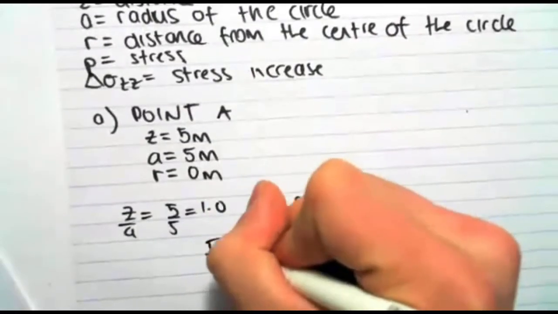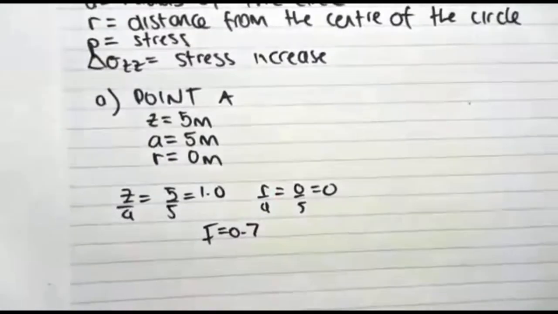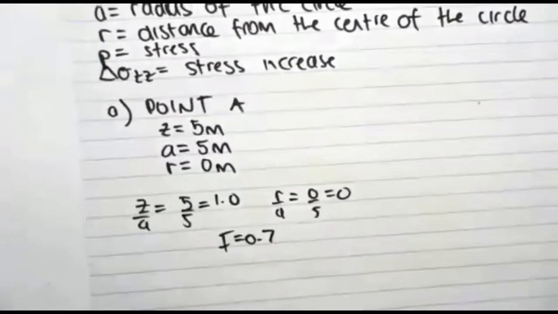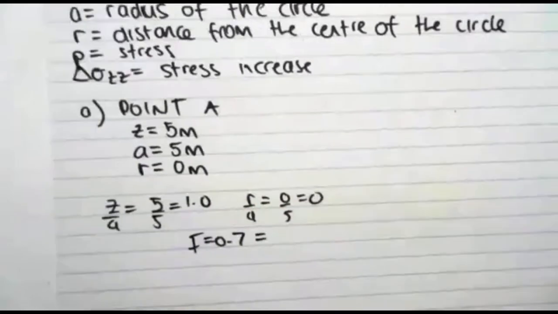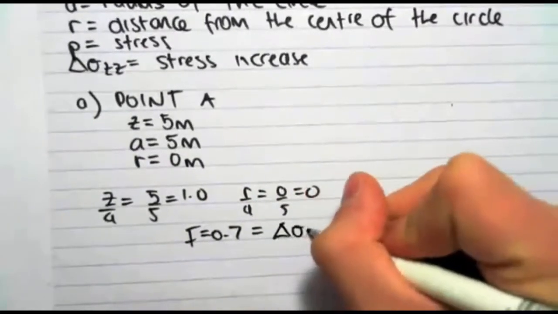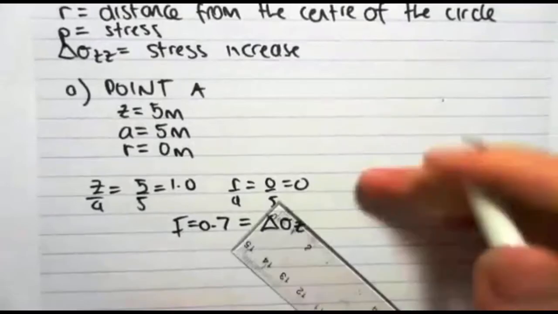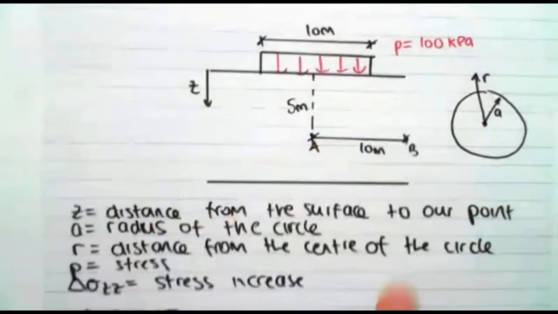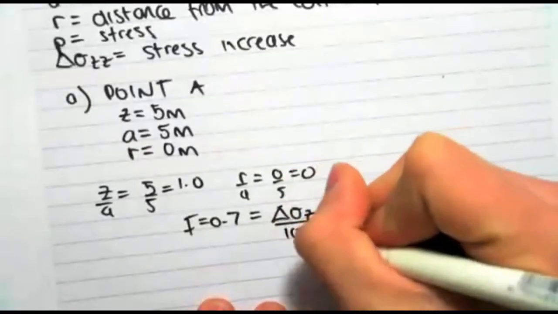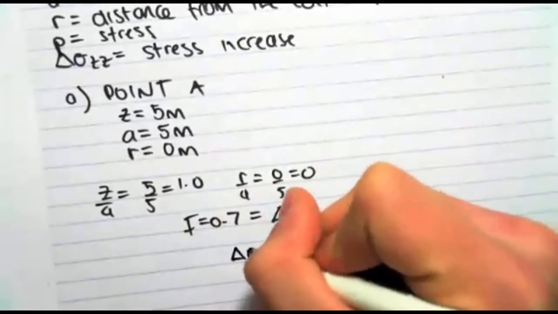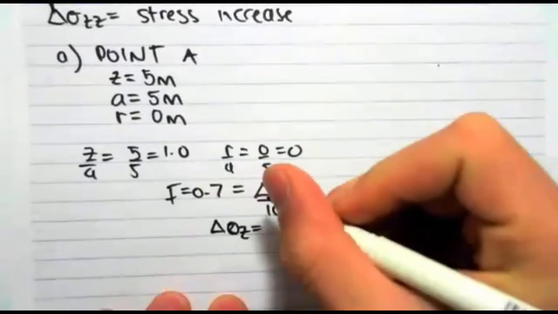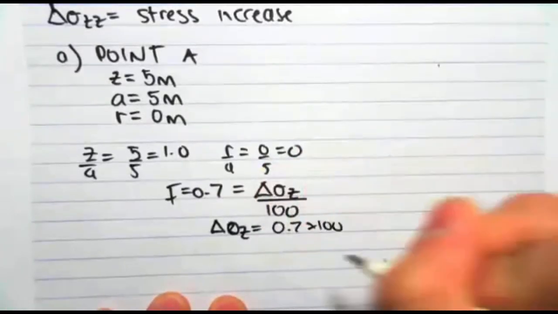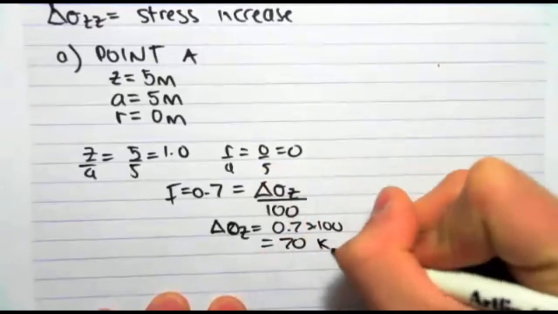I equals 0.7. Now it says here that I equals the change in Z on the pressure. In other words, this equals the change in the vertical stress over the pressure. And the pressure or the stress was 100 kPa, so over 100, which means that the change in sigma Z, the change in the vertical stress, is 0.7 times 100, which is 70 kPa.